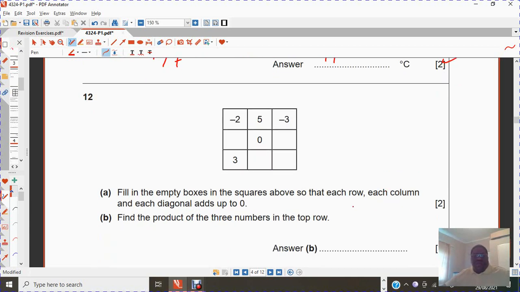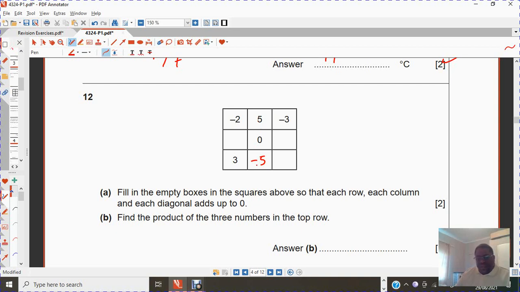Right, this one says you're supposed to fill in the empty boxes in the squares above so that each row and each column, rows, columns, and diagonals add up to 0. So we start with the one that we can. So for this column here to add up to 0, this must be the additive inverse of 5, because if you add everything, you should get 0.